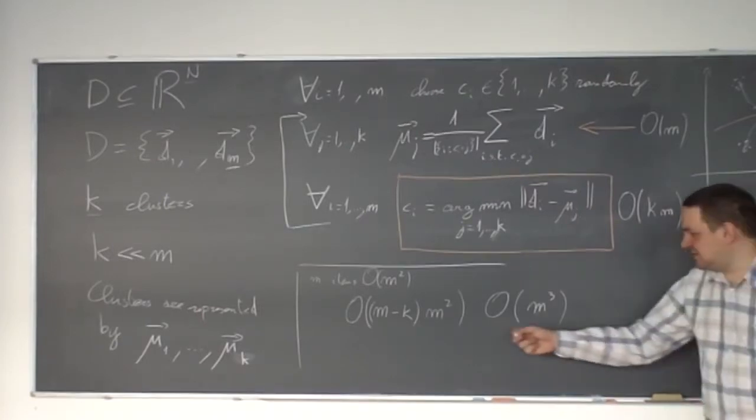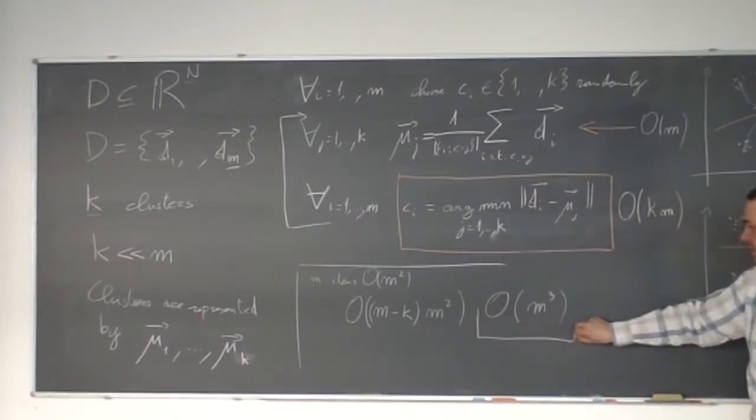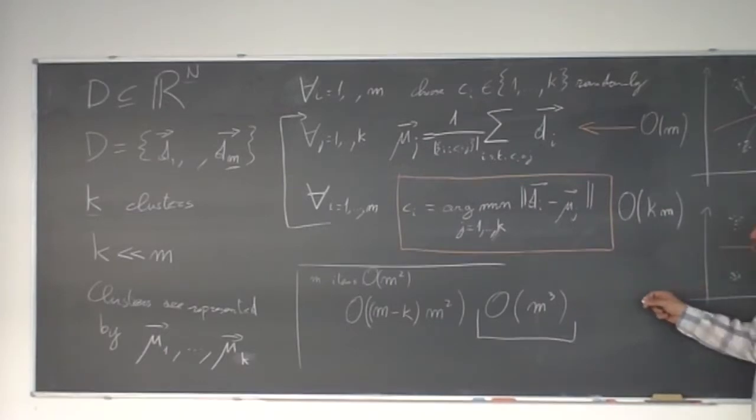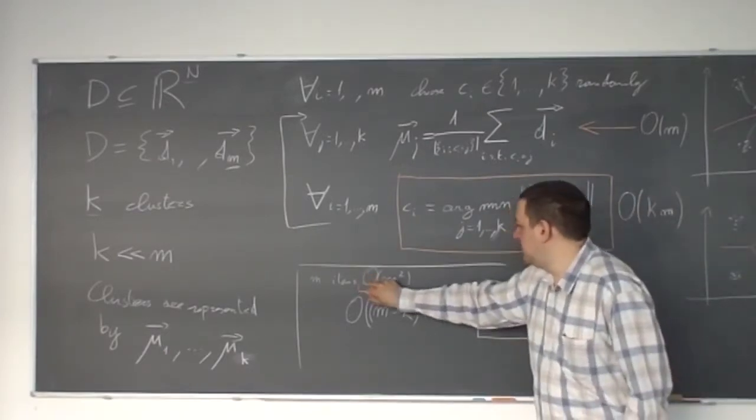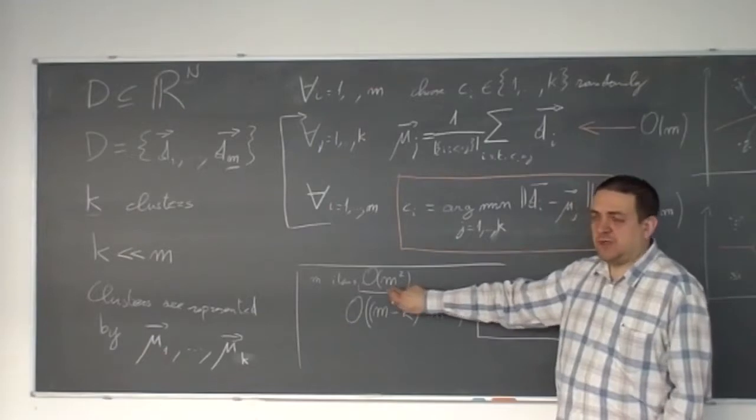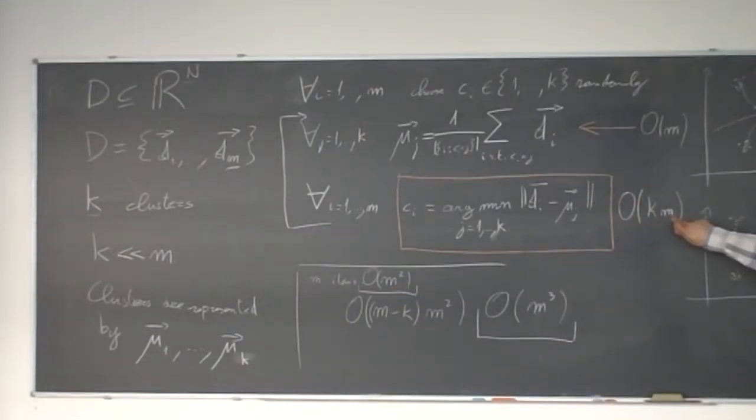The problem is that one step of the agglomerative procedure is m squared, while one step of this procedure is km, so actually km is much smaller. There is a catch here, of course.